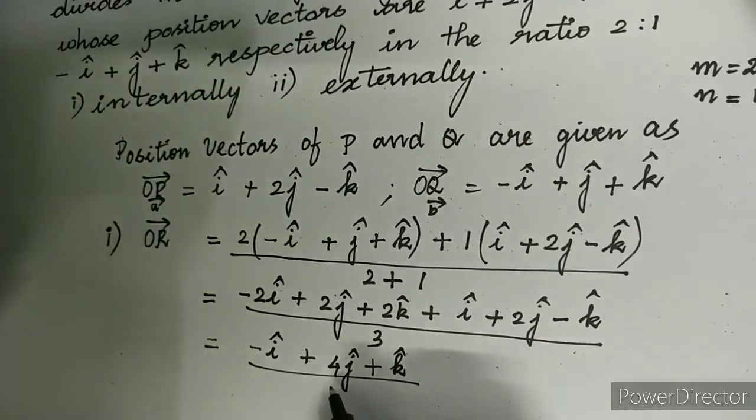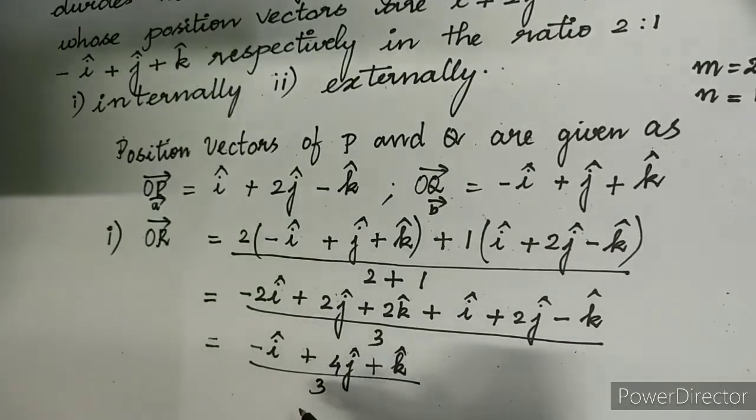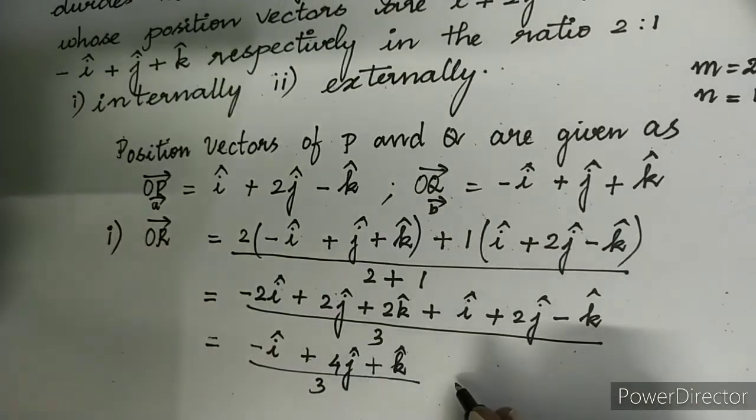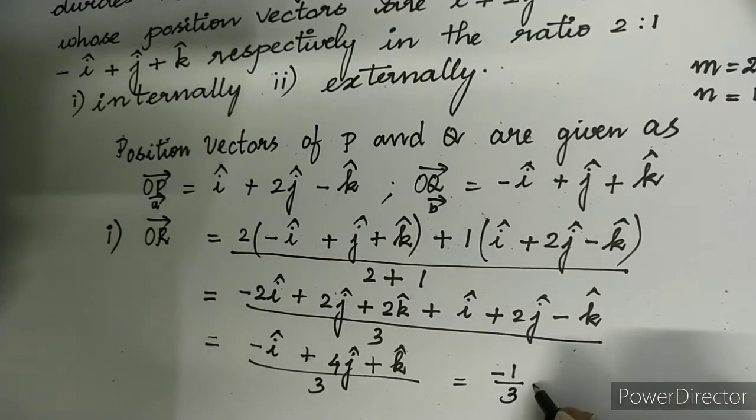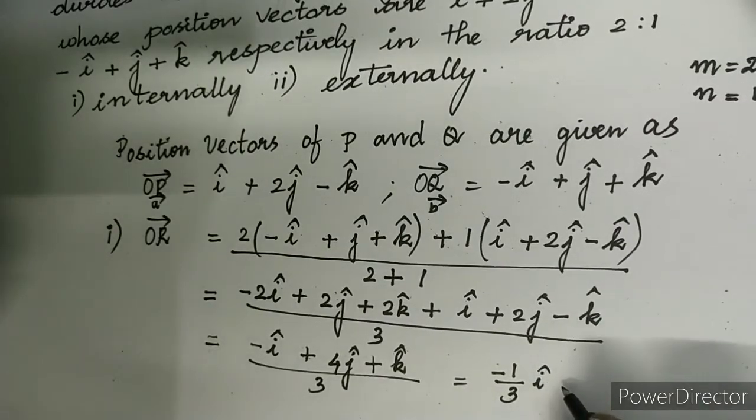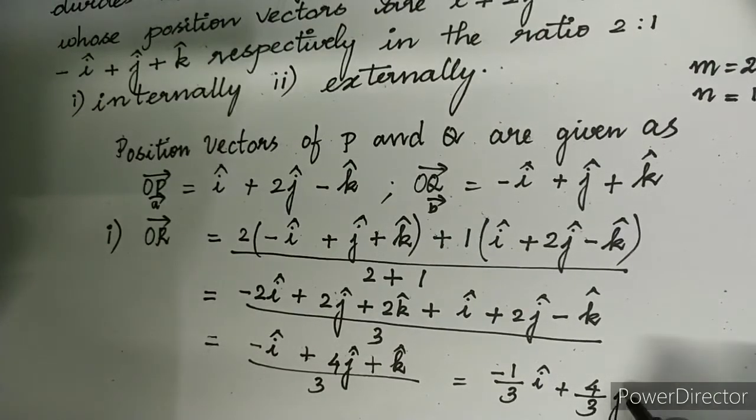Divide by 3. So now we will divide each and every term by 3. So we will get minus 1 by 3 i cap plus 4 by 3 j cap plus 1 by 3 k cap.